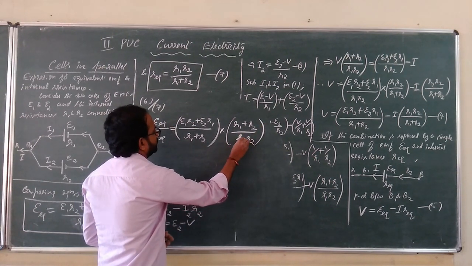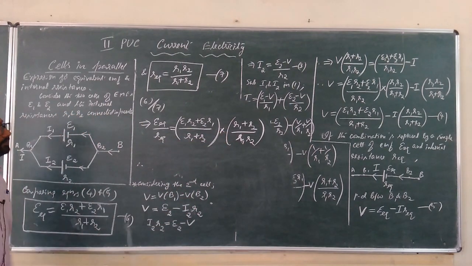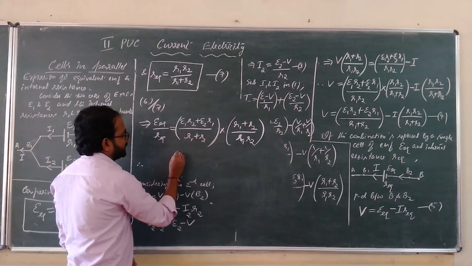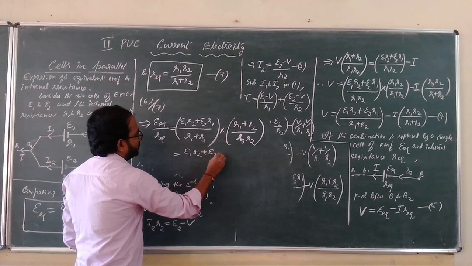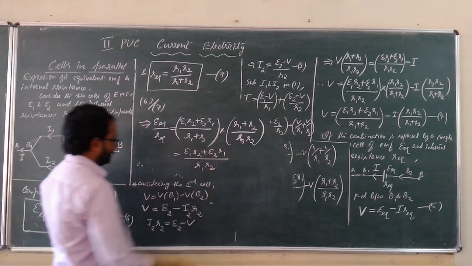Division is inverse multiplication. So this is getting cancelled, and you are getting E1 R2 plus E2 R1 divided by R1 R2.